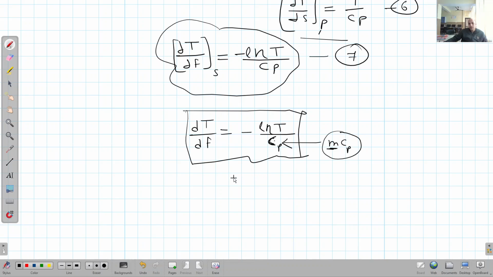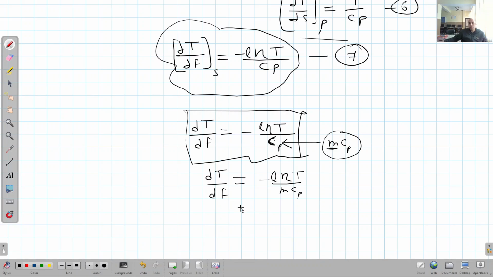So this will become now minus L eta T upon m Cp. Clear? This is dT upon dF.